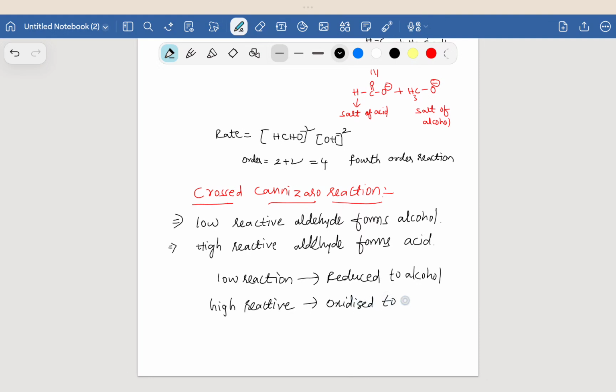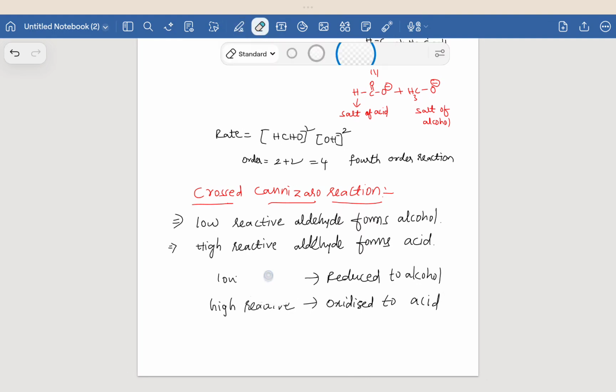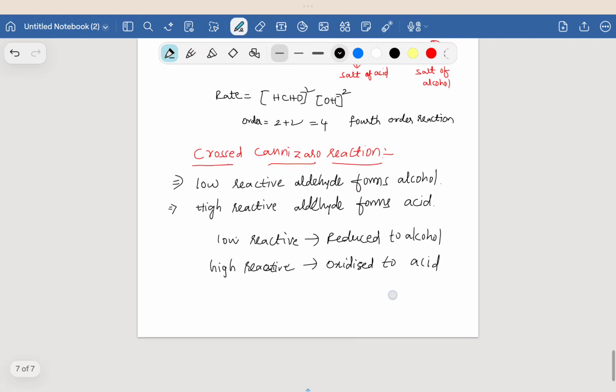We should keep these points in mind, then only can we do the problems. Sorry, here I wrote reaction; it should be low reactive here, and high reactive here, oxidized to acid.